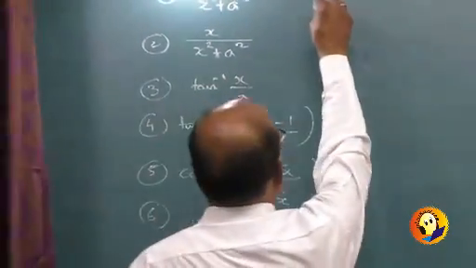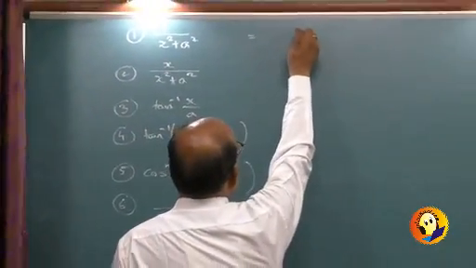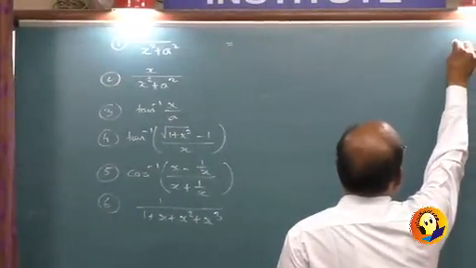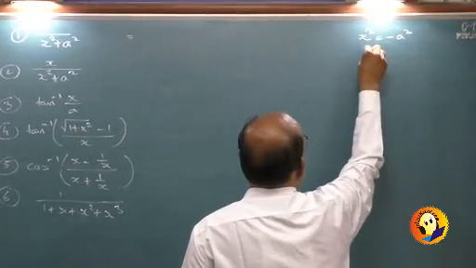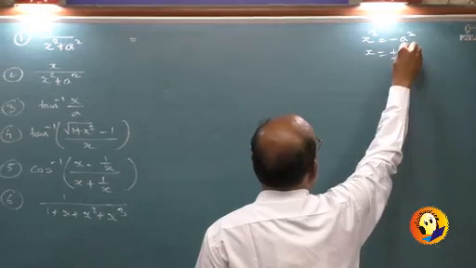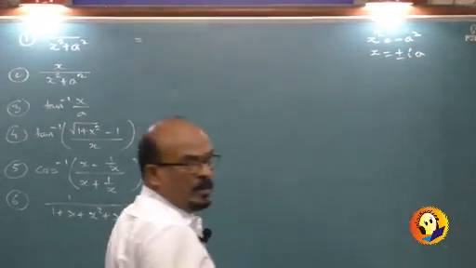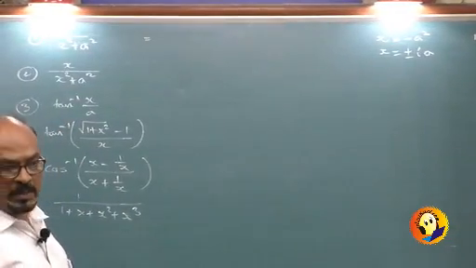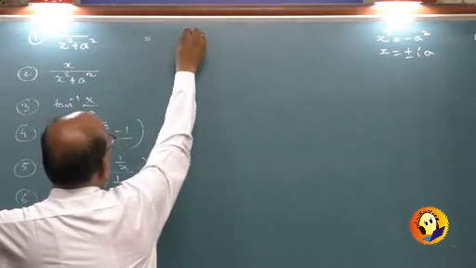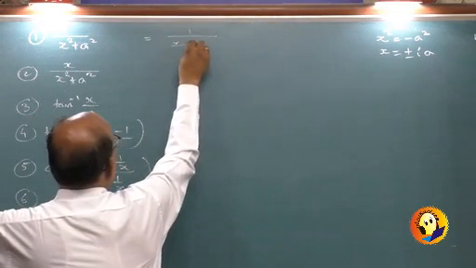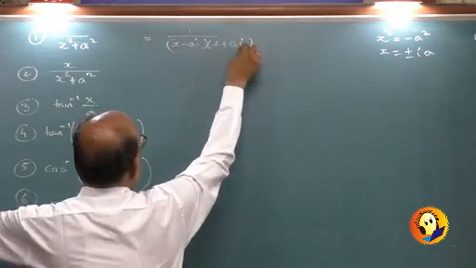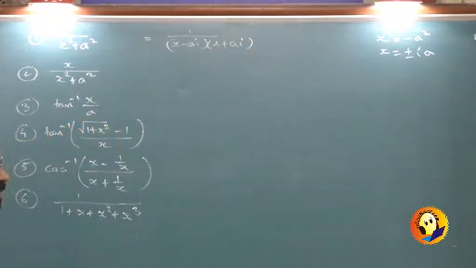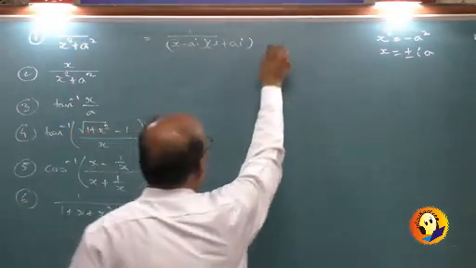But the first one can be written as, if you observe, x square equal to minus a square, so x equal to plus or minus ia. We have studied complex numbers. So this can be factorized as x minus ai into x plus ai. And we can go for partial fractions also.